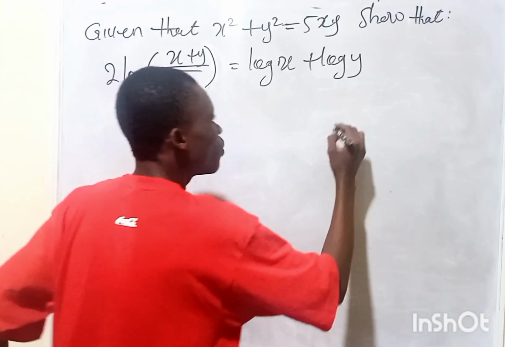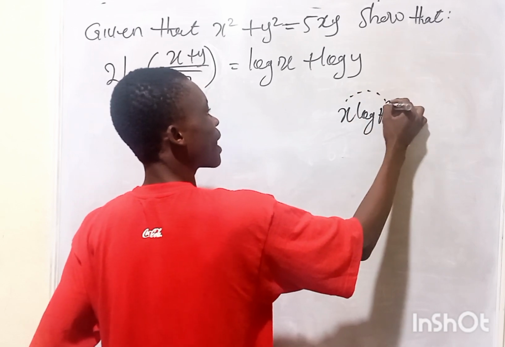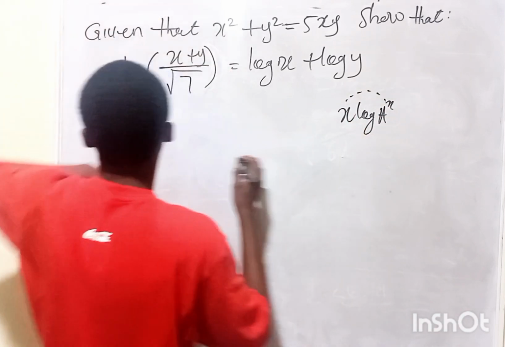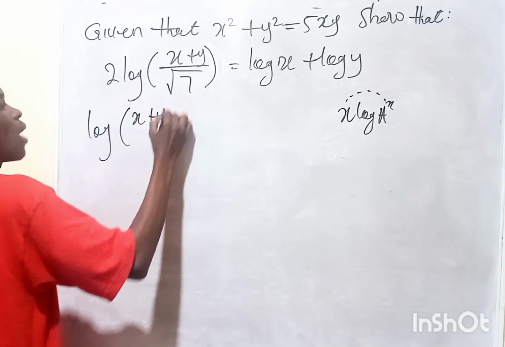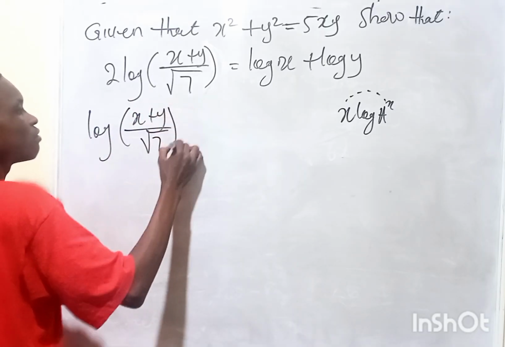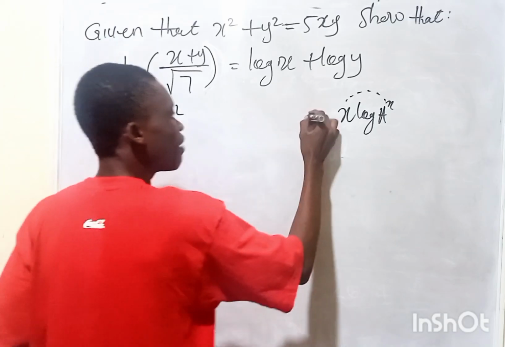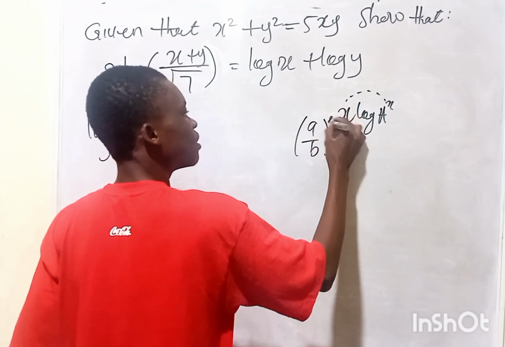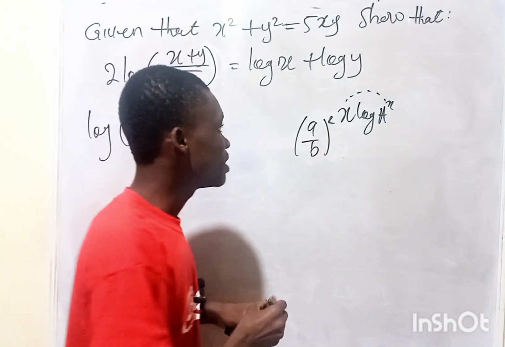First of all, we know that if x is multiplying a log, the x here can return back as a power. So these two here can return back. So we have the log of x plus y all divided by the square root of 7, all squared. Now from indices, we know that if we have different factors in brackets raised to a certain power, the power can be distributed.